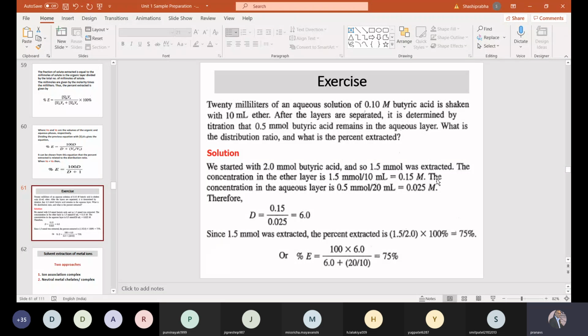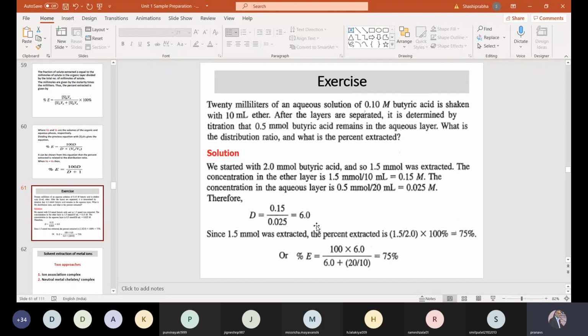Likewise, after extraction, the aqueous layer contained 0.5 millimoles in 20 ml, so the molarity is 0.025. Substituting in D, the concentration of the analyte in the organic phase divided by its concentration in the aqueous phase, this comes out to be 6.